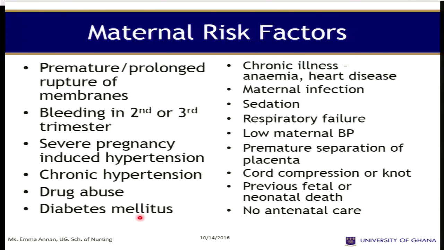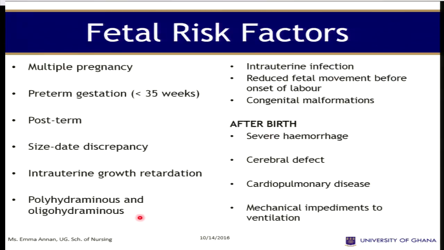Maternal risk factors, we have a lot. Some of them are premature prolonged rupture of the membranes. When the mother bleeds in the second or third trimester, it can lead to the child having birth asphyxia. When the mother abuses drugs, has DM, has a chronic illness, and so on, it can lead to birth asphyxia.